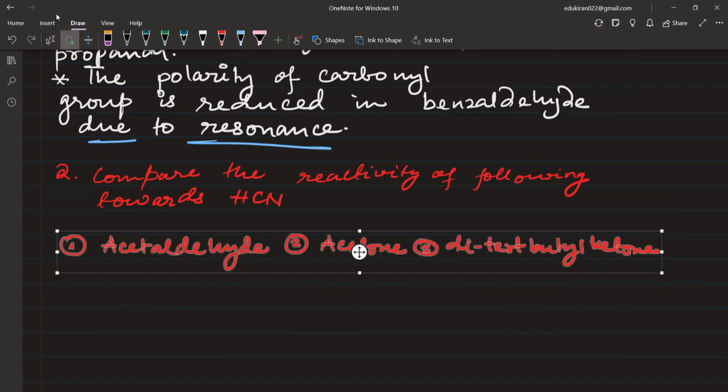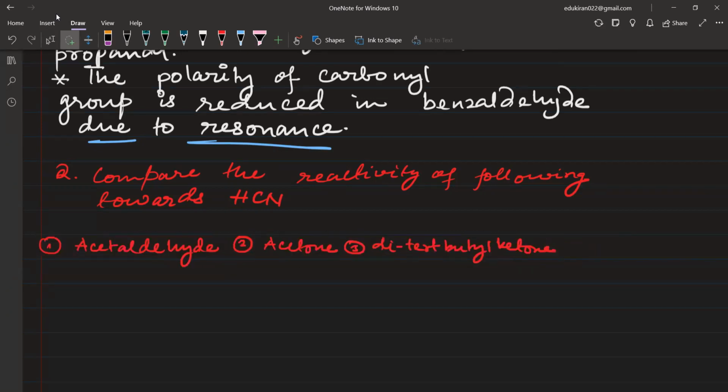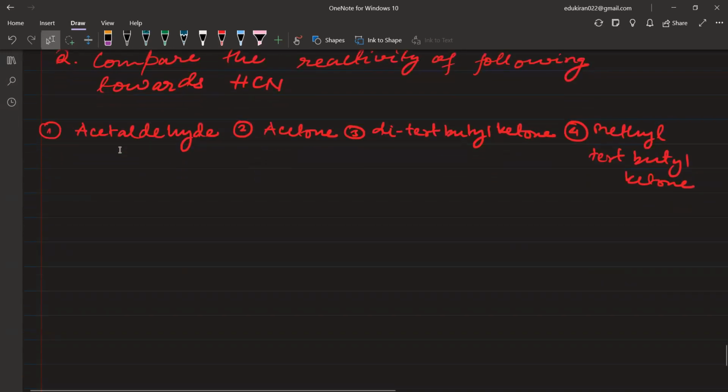And number four is methyl tertiary butyl ketone. First, we will write the structure of all of these compounds.